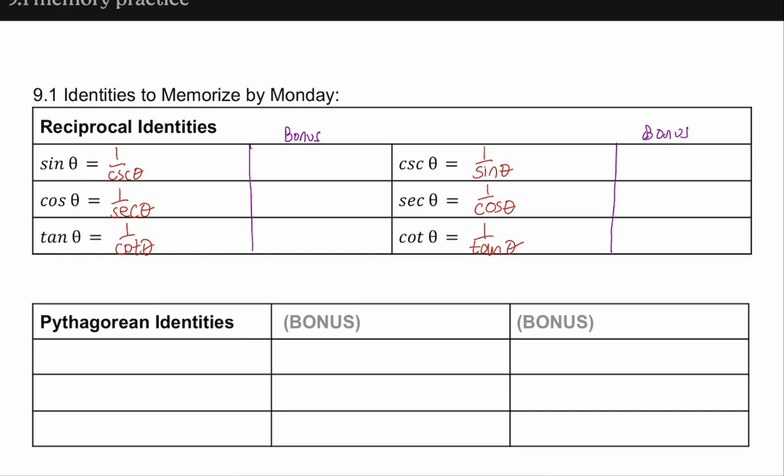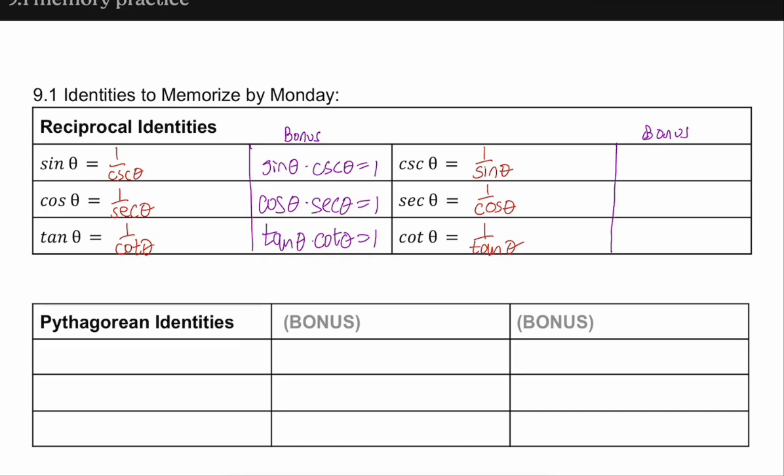If you do a rewrite to that, and you tell me what the rewrite is correctly, I'm going to give you some bonus points. So the rewrite here would be that sine times cosecant is equal to 1. Cosine times secant is equal to 1. And tangent times cotangent is equal to 1.